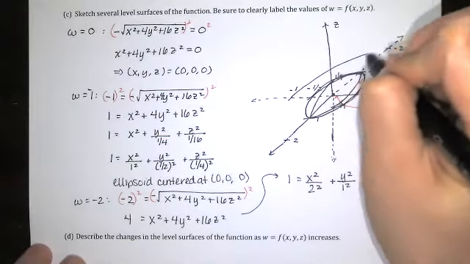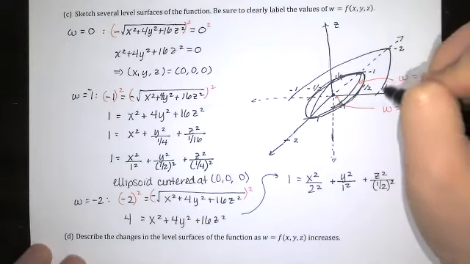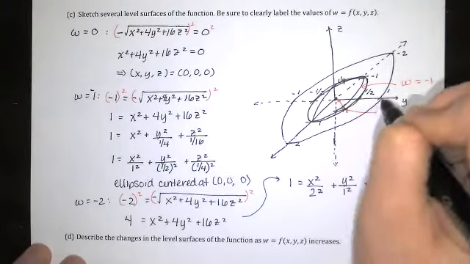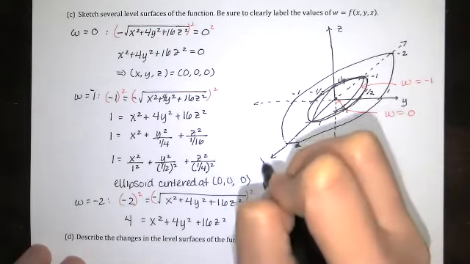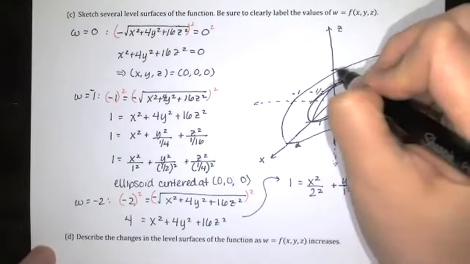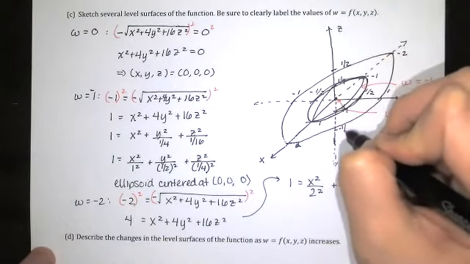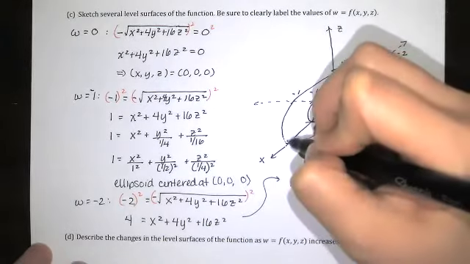So we're going to see this ellipse down here in the XY plane. And then we're going to go up and down to 1/2, -1/2 in the z direction as well.